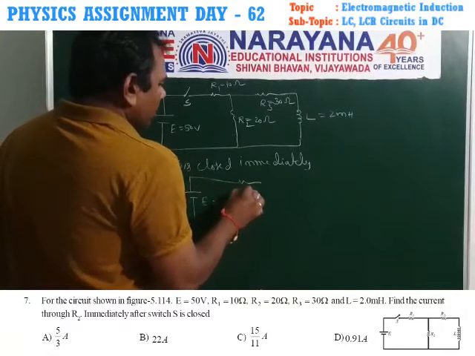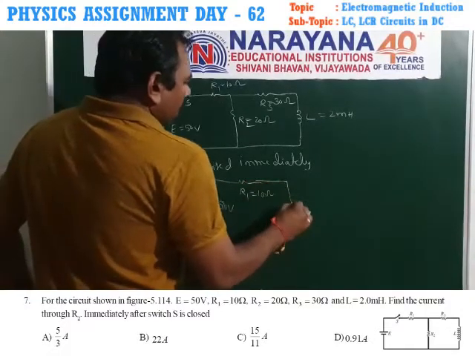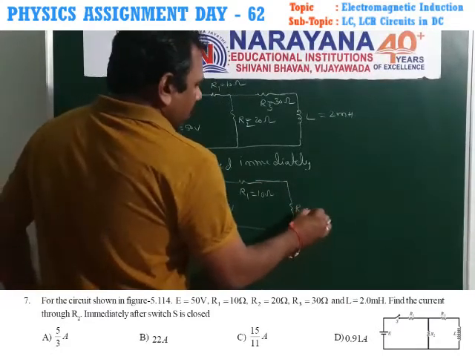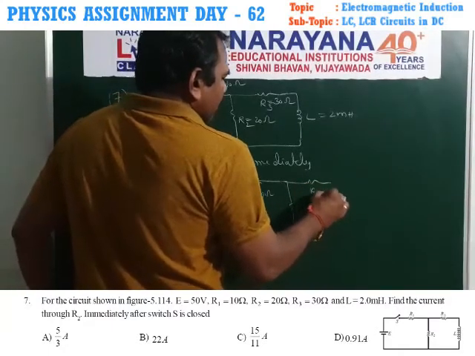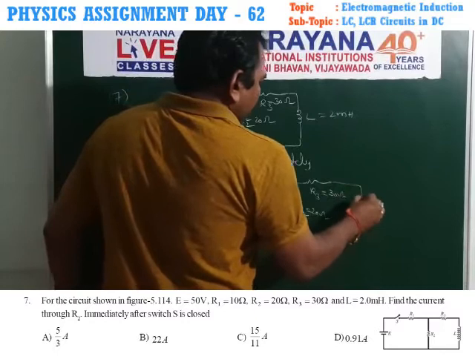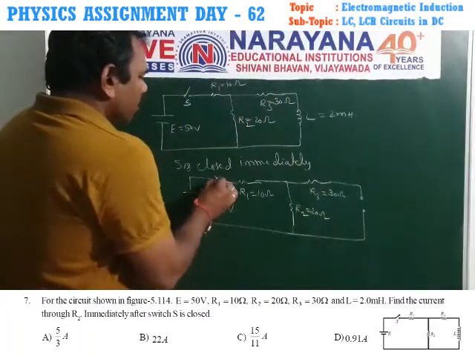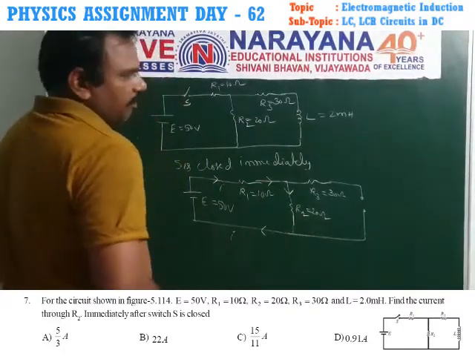So it passes the current through the R1 and R2 resistors. Both are in series, so 20 ohms. The other resistance R3 is equal to 30 ohms, and this becomes an open circuit, as the inductor becomes an open circuit. So only current passes through these two resistors.